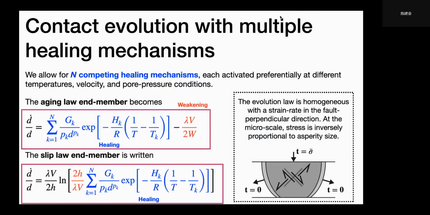Maybe a different healing process can come in at different temperature, but it's several processes. You can add them all. Also, the weakening part is very similar to what Smith calls strain weakening. Basically, if you times T here, the grain size reduction rate is proportional to the displacement or strain. Correct, if you divide by thickness.